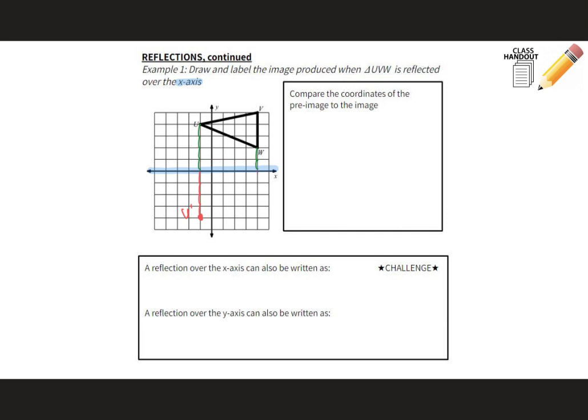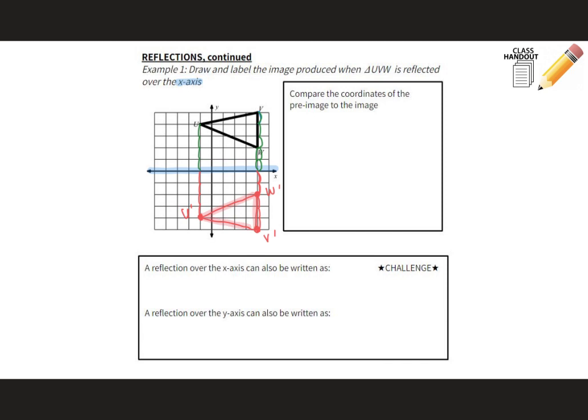That means W prime is going to be 2 units away on the other side. And then lastly, V prime is 1, 2, 3, 4, 5 units away, which means V prime is going to be 5 units away. 1, 2, 3, 4, 5. So here's V prime.